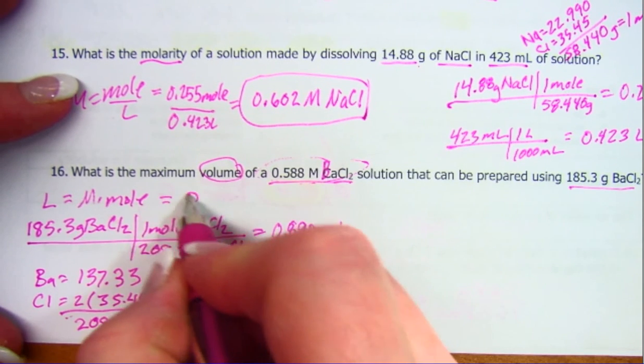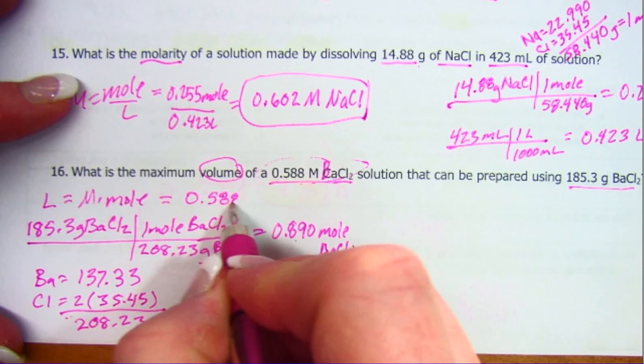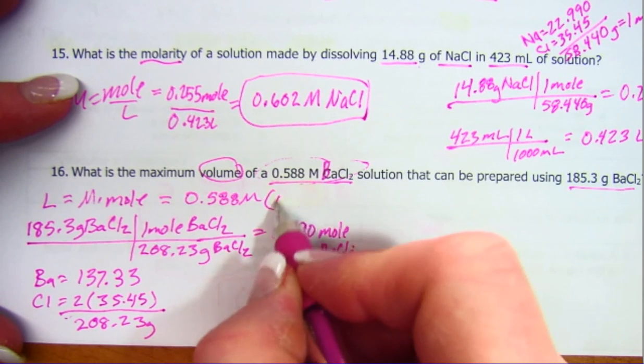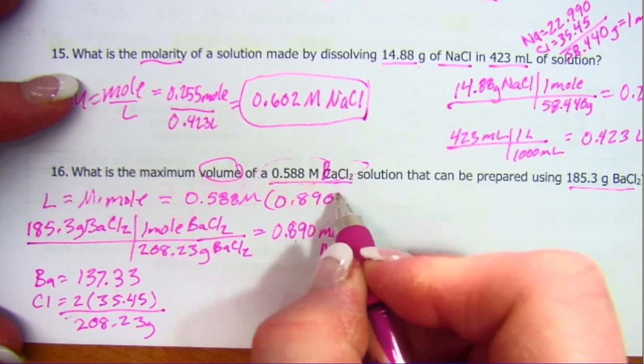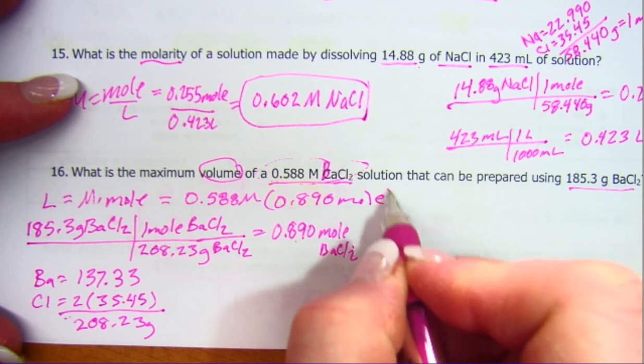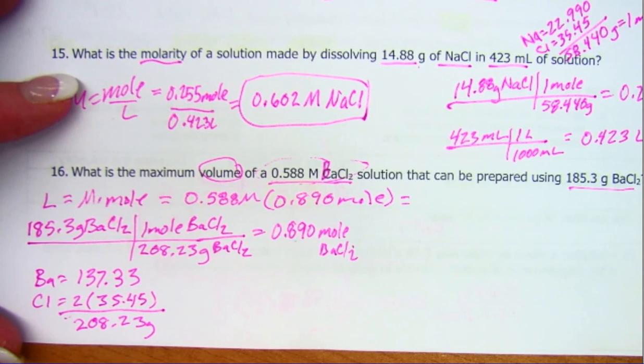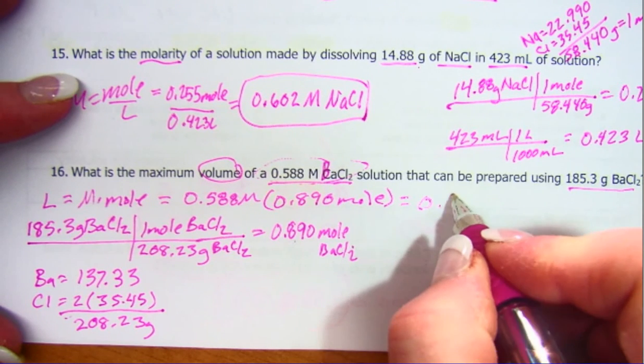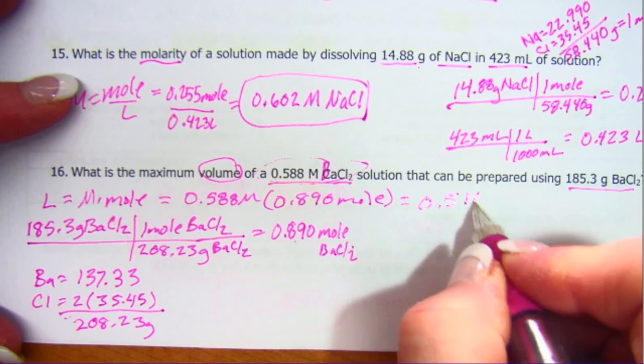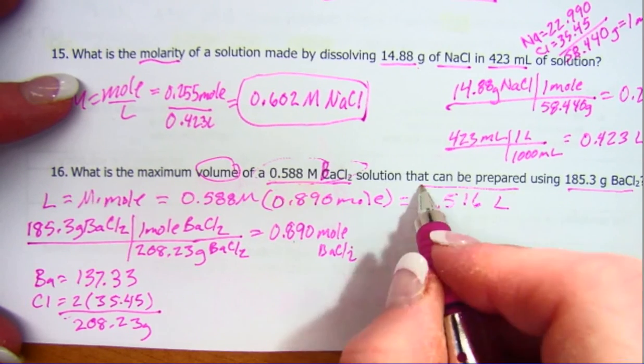So molarity 0.588 molar, and 0.890 mole will give me 0.516 liters. Done.